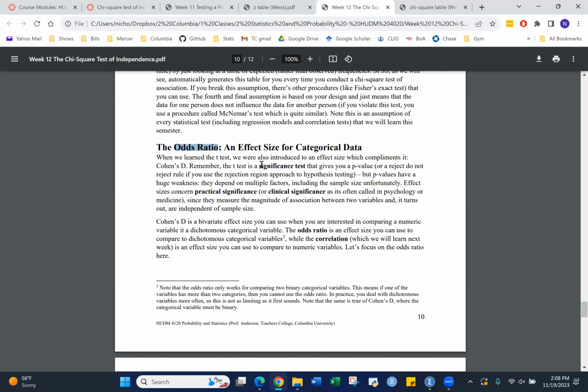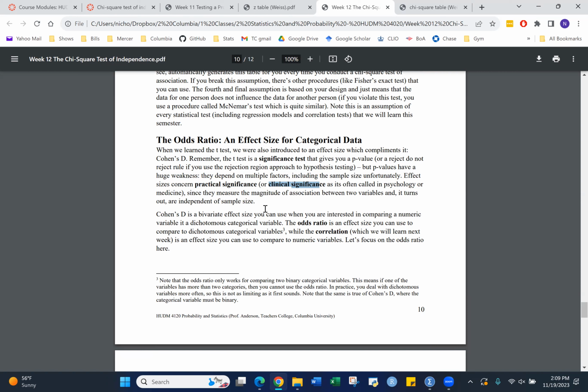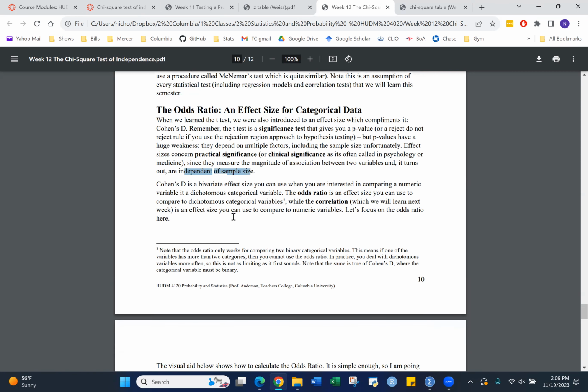And so where chi-square and t-test are significance tests, Cohen's d and odds ratios, I like to think of them, as Cohen said, as being about practical significance, or clinical significance if you're in medicine or psychology. And so these effect sizes measure only the magnitude of association between two variables. And it turns out these effect sizes are independent of sample size, which is a pretty important property to have.